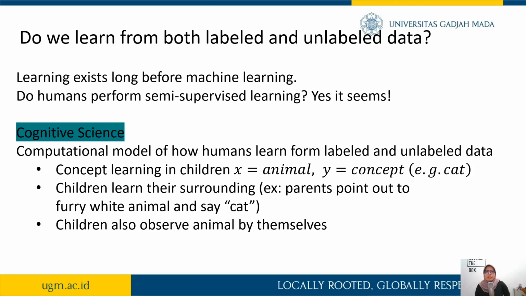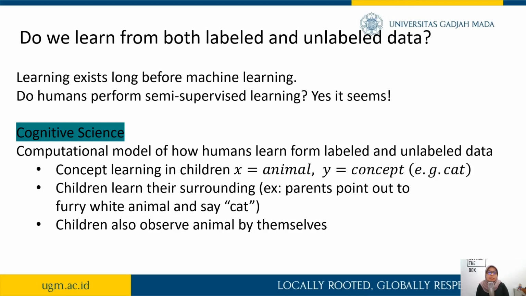If we take a look at cognitive science, that is where computational models of how humans learn from labeled and unlabeled data come from. So let's say there's concept learning in children. X is an animal and Y is a concept, for example, cat. Children learn from their surroundings, for example, from parents who point out that a furry white animal is a cat.